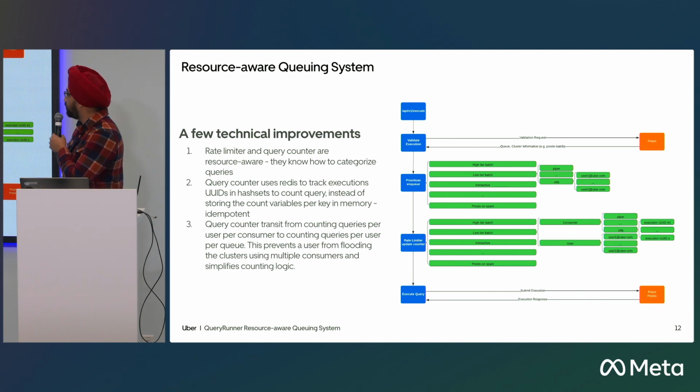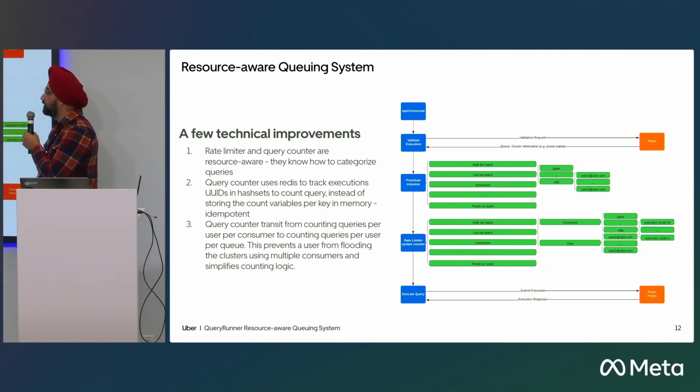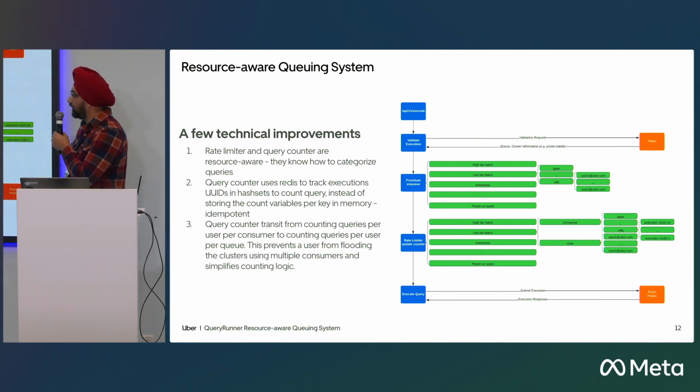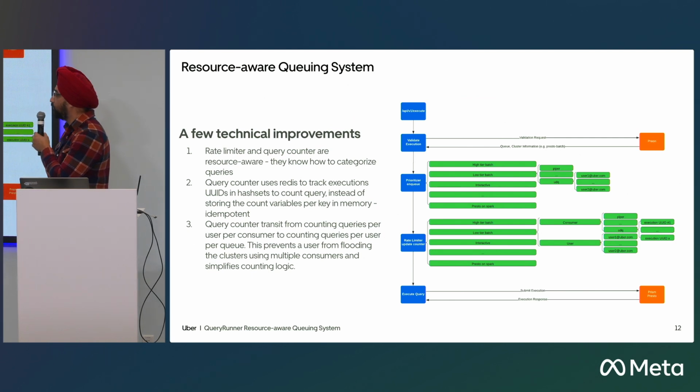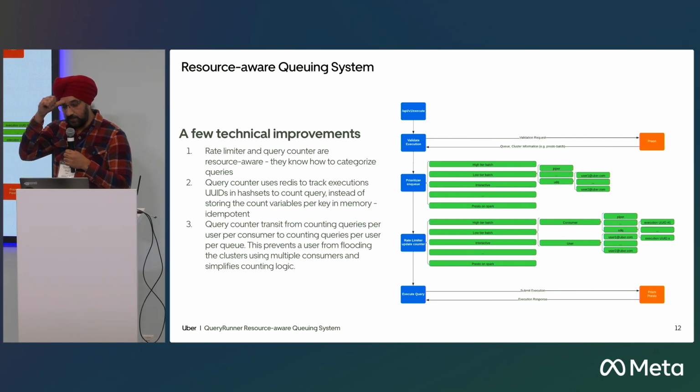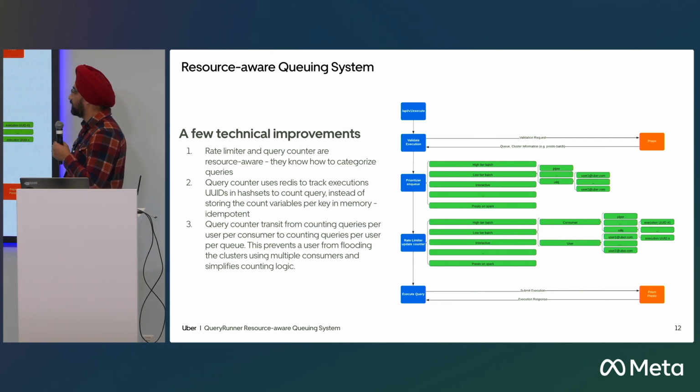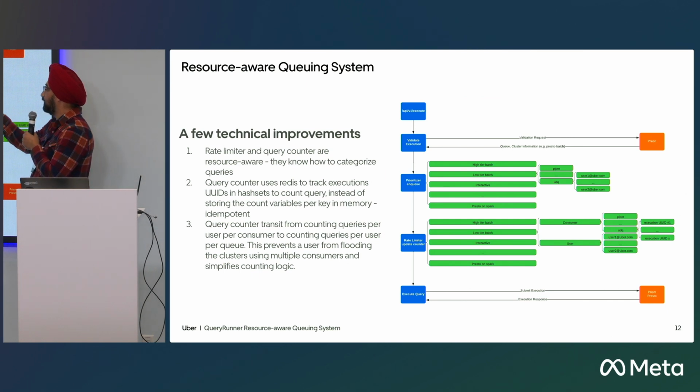So the way we implement it is that we have a Redis counter, which we use to keep track of the executions which are submitted to Query Runner. And then the execution UIDs are hashed to generate the query count, which is an implementation optimization. And then the other thing that we do, as I was saying, is that we also have a user-level limit under the consumer.